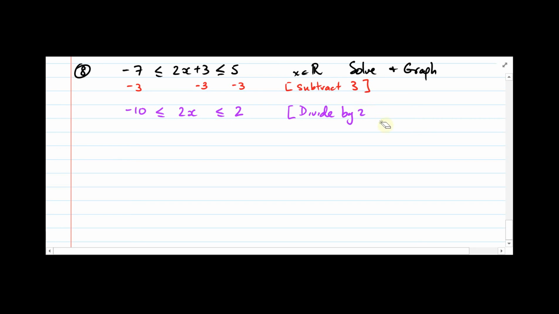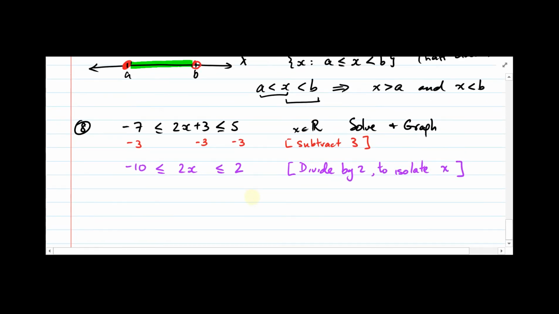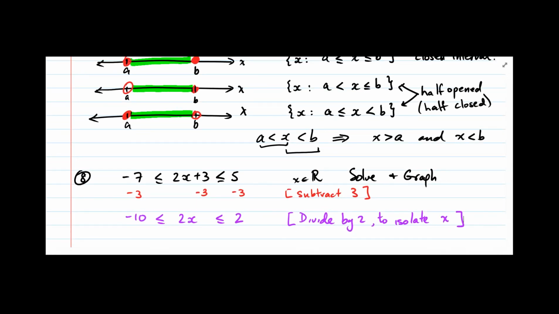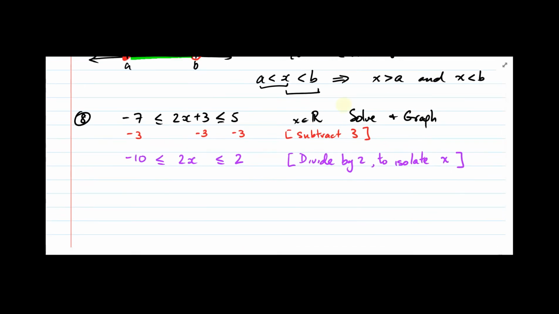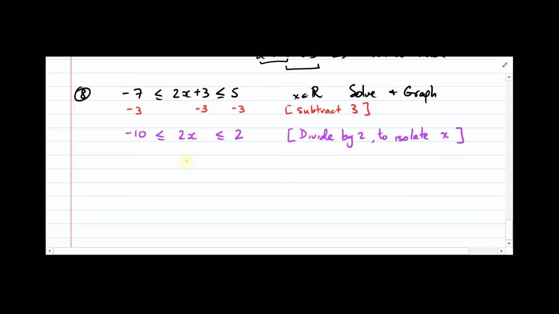And the aim of that is so that I can isolate x. That is, get x by itself in the middle, which is what we were doing with all of these bounded inequalities that I had written out symbolically above. Right? So what do we do? Let's write that again.